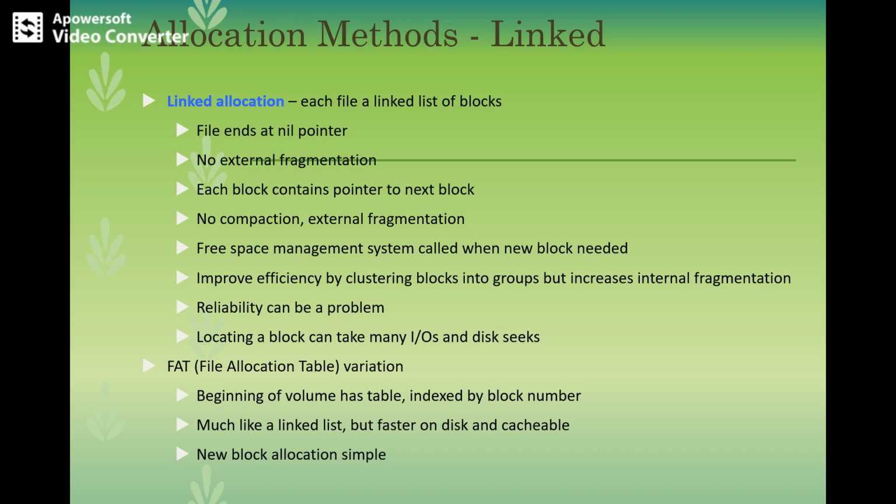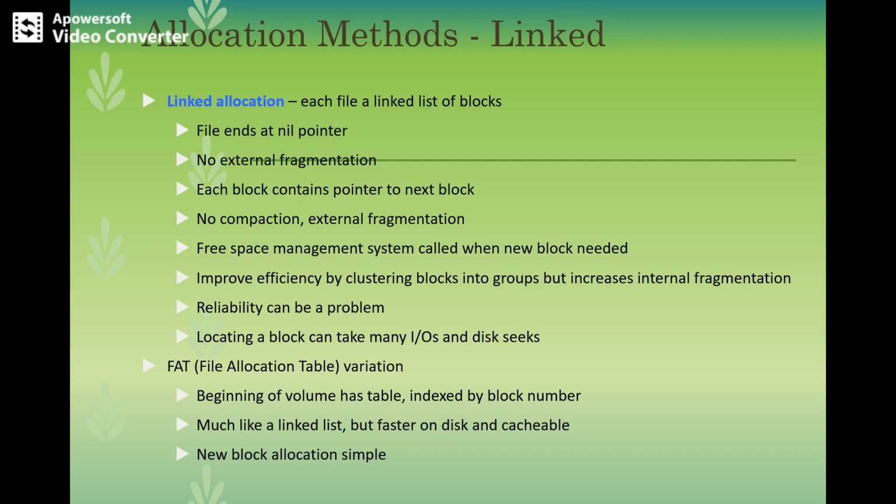method, and here instead of putting the pointers in the file, we keep a table of pointers, and this pointer table can be quickly searched to find a particular block in that file. So the basic characteristics of linked allocation are that it solves all the problems of contiguous allocation.